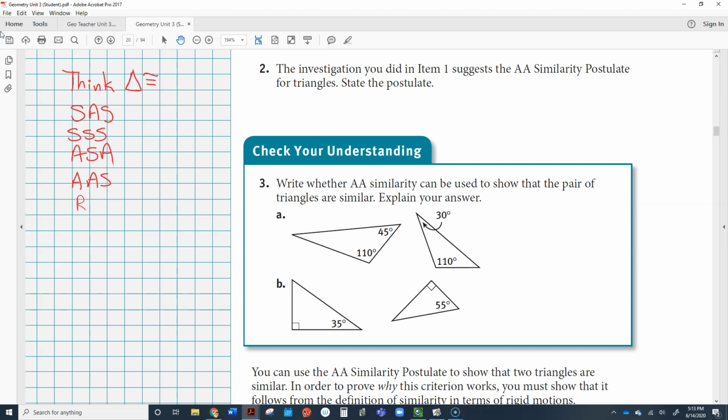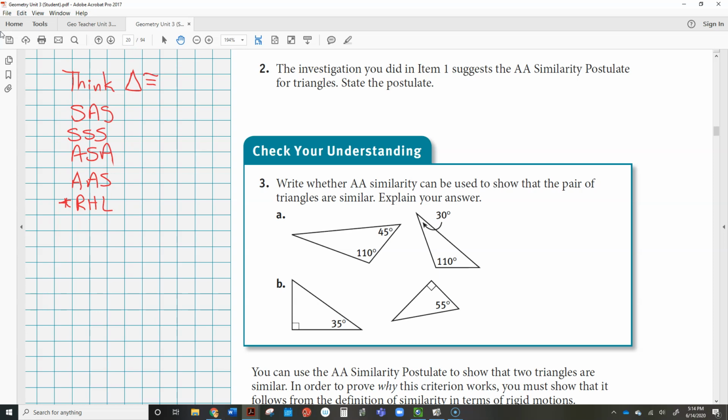And I think you also did right hypotenuse leg for right triangles only. These are postulates and theorems that we figured out. In order to prove two triangles are congruent, triangles have 6 parts: 3 sides and 3 angles. You don't have to identify all 6 pairs of corresponding parts congruent. You just need 3 parts.